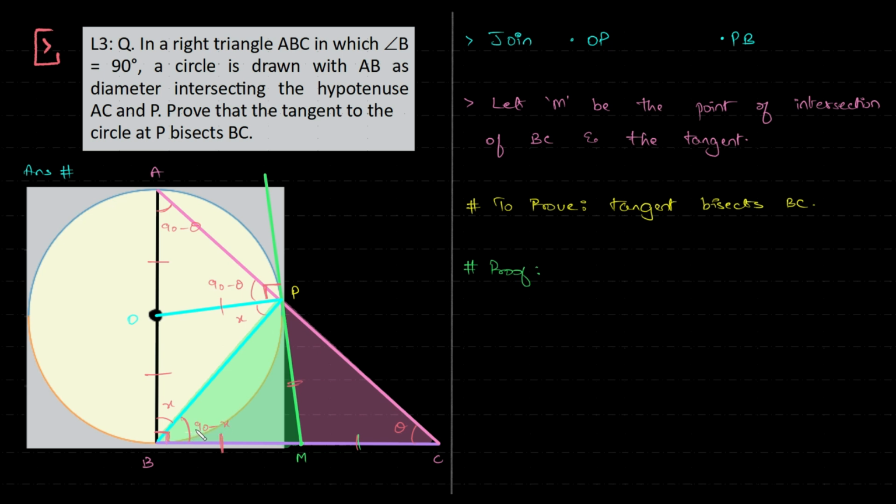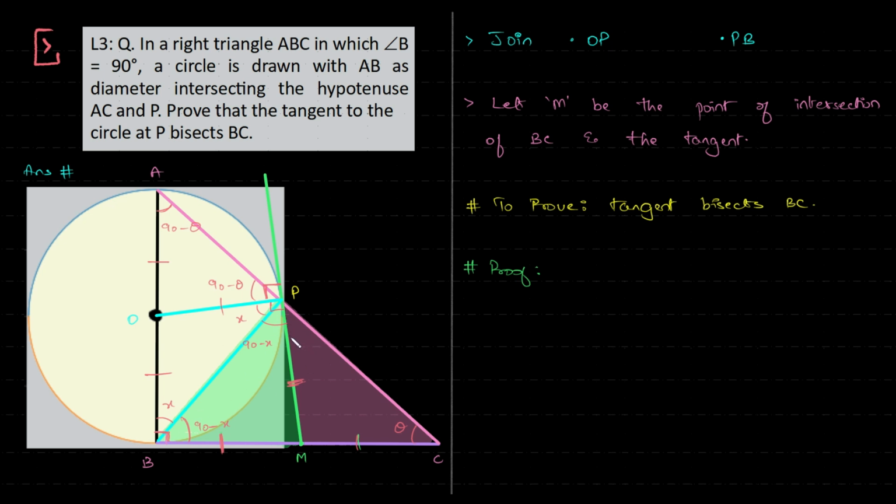Then what else can I do? Wait, this is 90, so this will be 90 minus x. Since these two angles are 90 minus x, these two sides are equal. We just proved that this is an isosceles triangle.